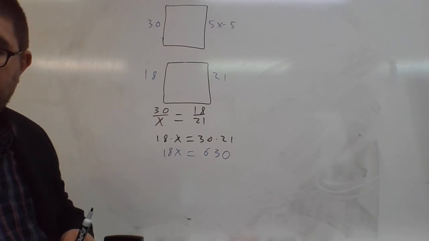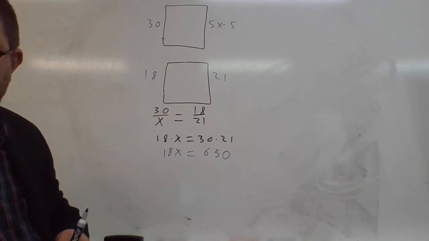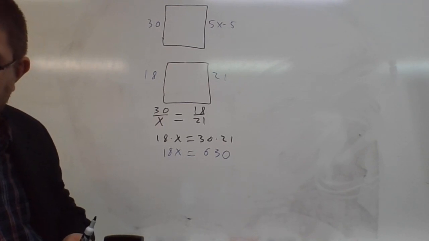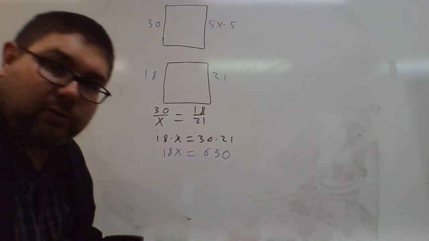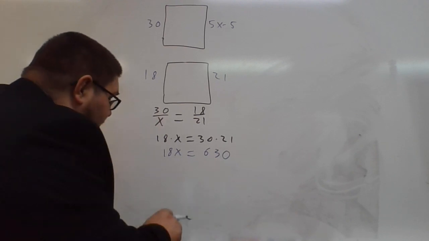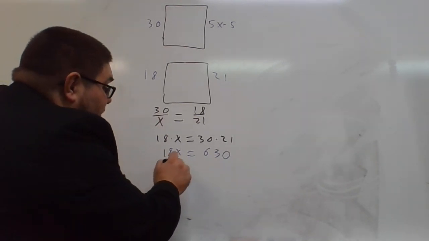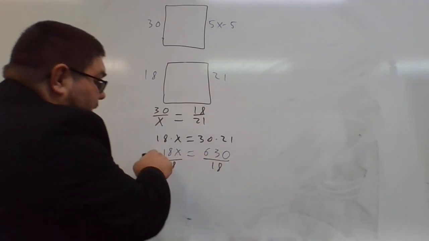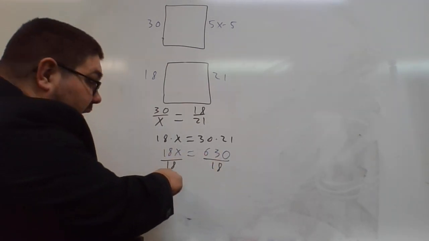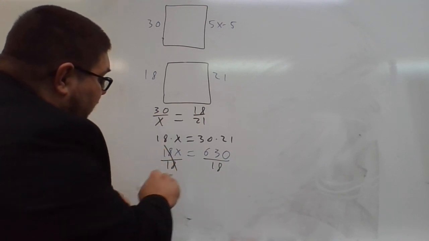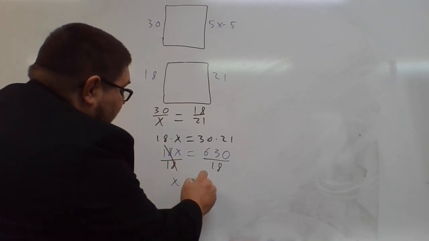There's nothing wrong with using a calculator. In fact, just to make sure I don't get my answer wrong in a video, I'll use a calculator. Now we divide each side by 18 because 18x is multiplication. We do the inverse operation, and we get x equals 35.